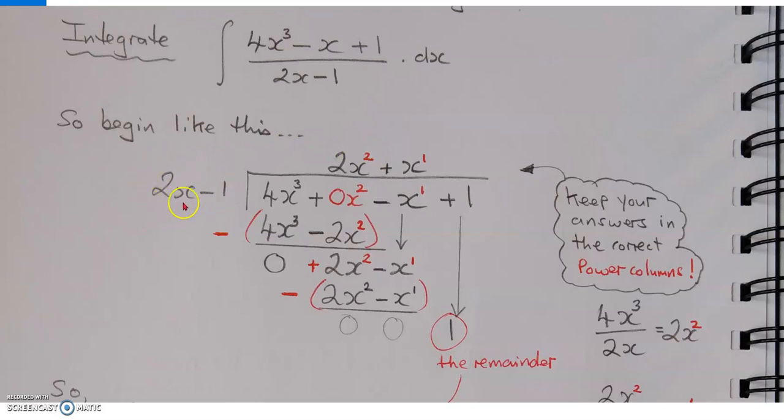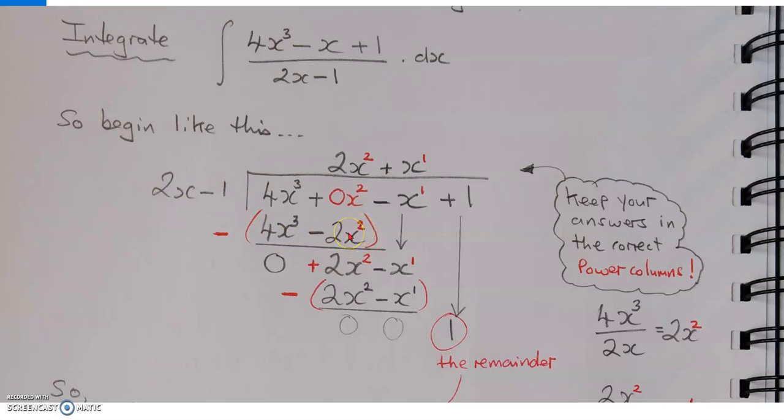The first one, of course, is the 2x. So 2x squared multiplied by 2x gives me 4x cubed. I must write it in the cubed column, so it goes there, 4x cubed. Now I multiply this 2x squared by the minus 1, which is going to give me minus 2x squared.